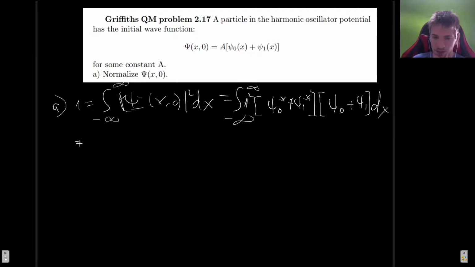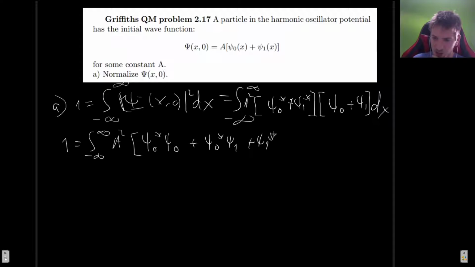So now we just multiply this through, we get 1 is equal to the integral from minus infinity to infinity of a squared times psi0 conjugate psi0 plus psi0 conjugate psi1 plus psi1 conjugate psi0 plus psi1 conjugate psi1, and all of this dx.